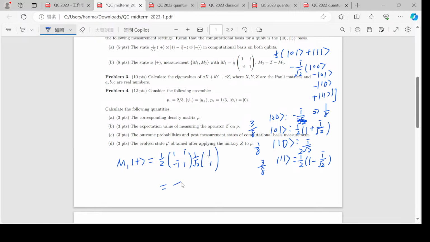So this is 2 over square root 2, and |1⟩⟨i| gives 1 plus i, and then 1 minus i. Okay, and so the probability is this thing's norm squared, so that's 1 over 8 again.